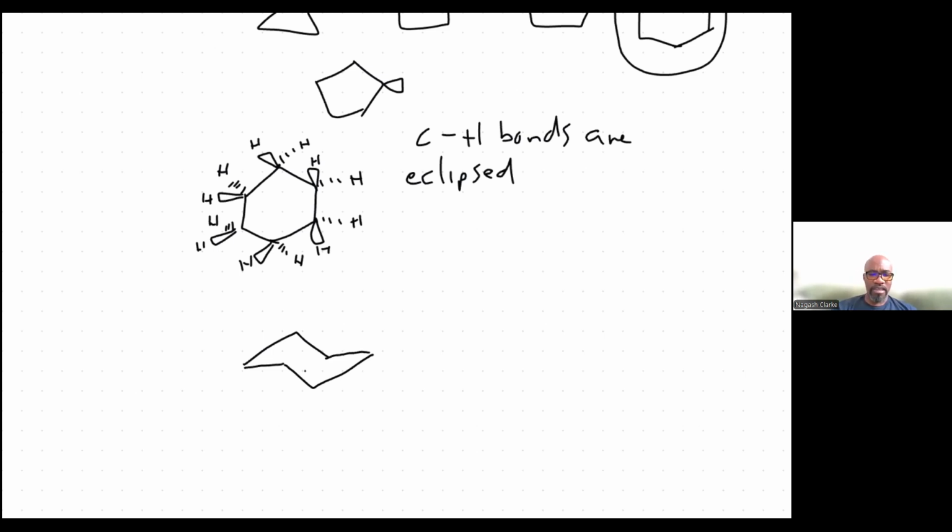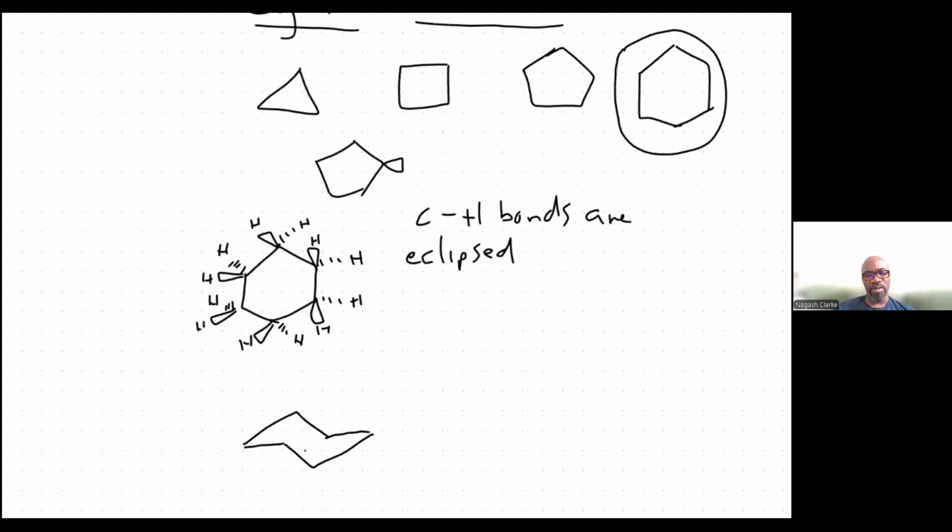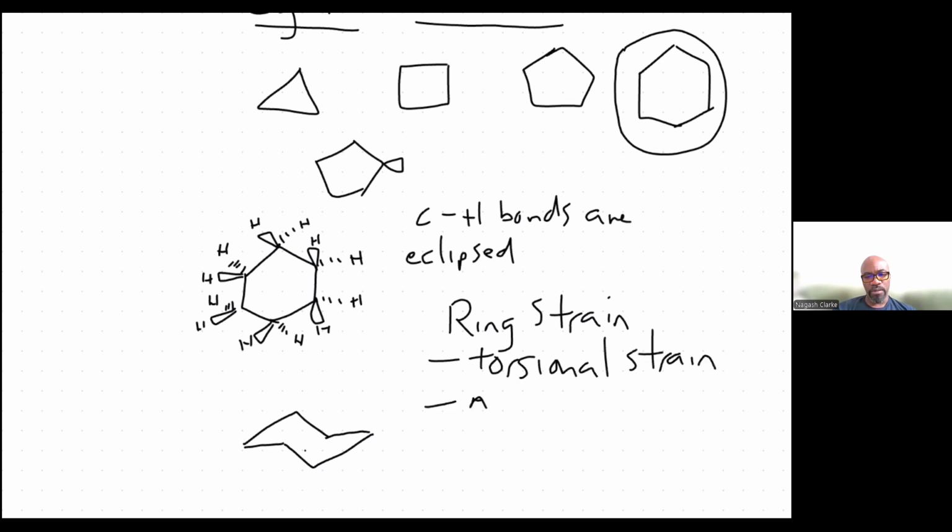So now on the chair, actually to back up for a second, with rings, especially these smaller ones like cyclopropane, there's something called ring strain. Ring strain is a combination of torsional strain and angle strain.